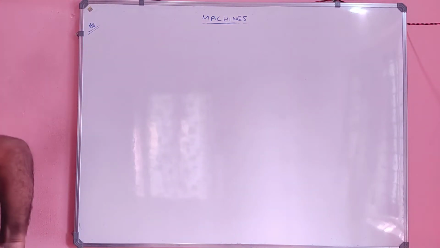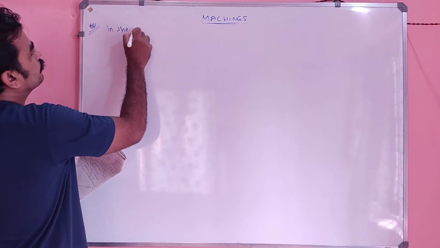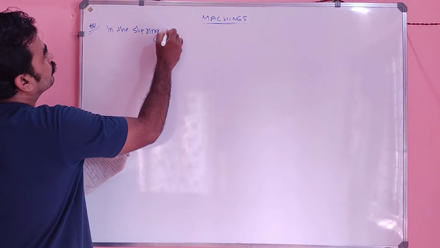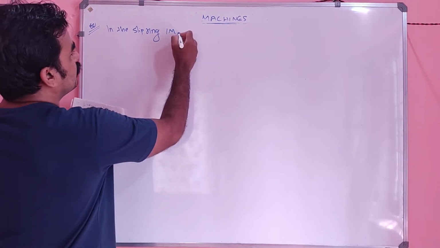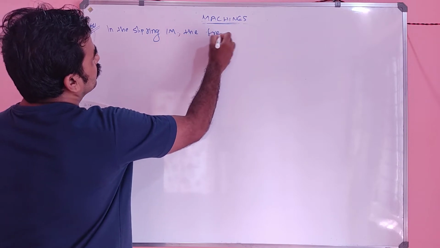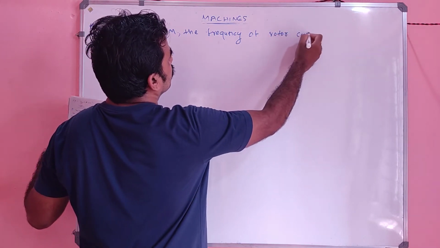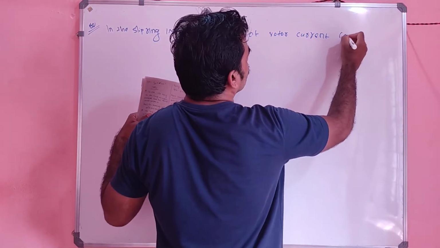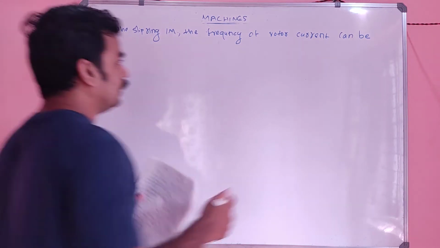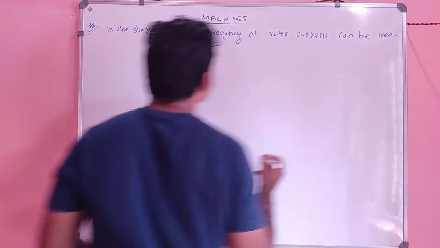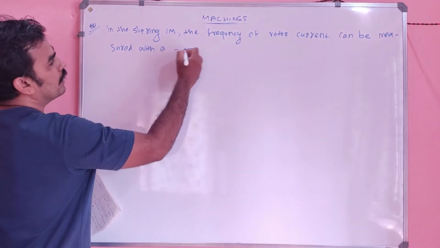Next question. In the slip ring induction motor, the frequency of rotor current can be measured with a dash.